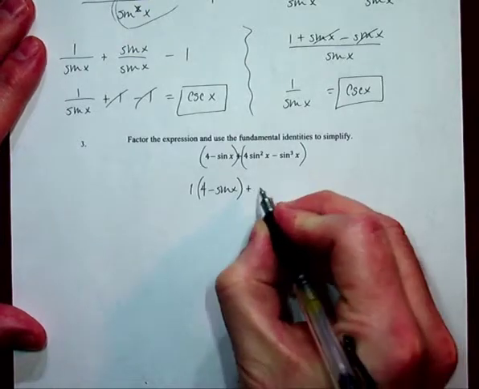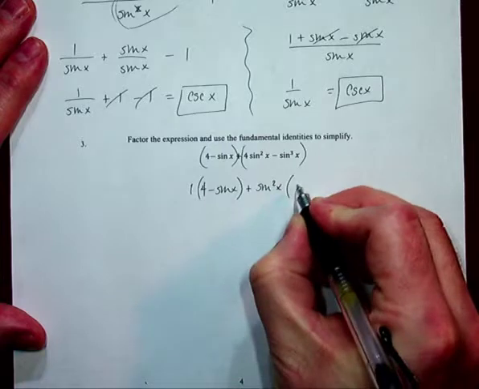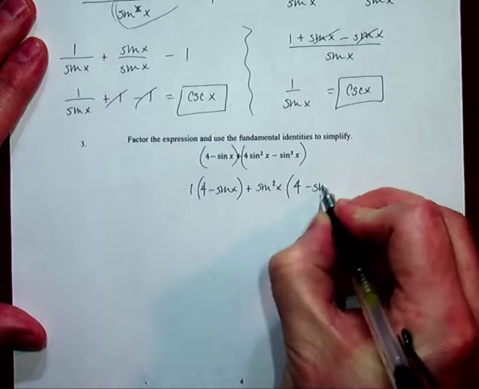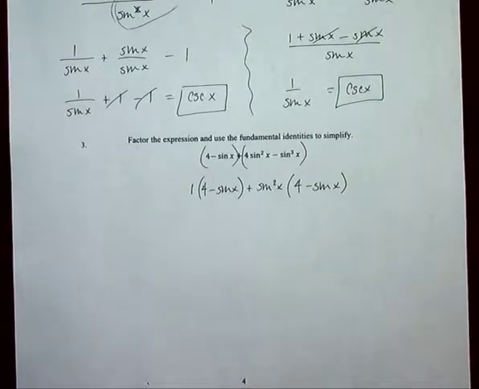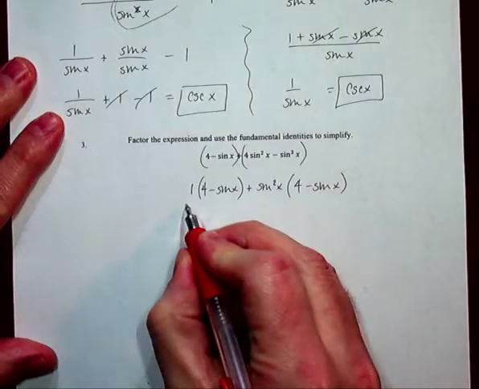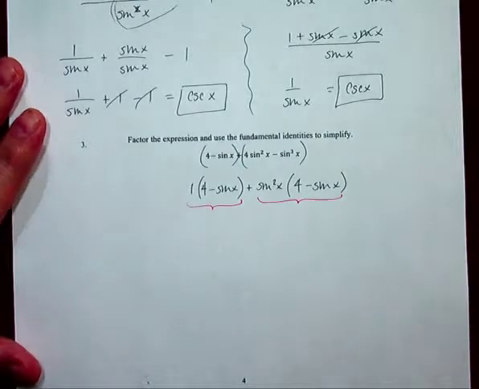Your GCF for the second 2 terms, however, is sine squared. And remember that once you get here, this is basically a 2-term expression.